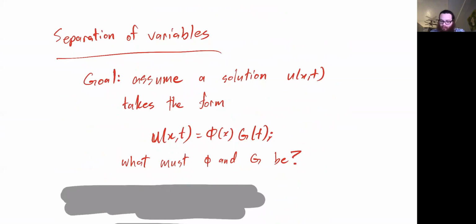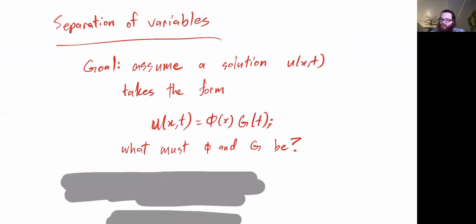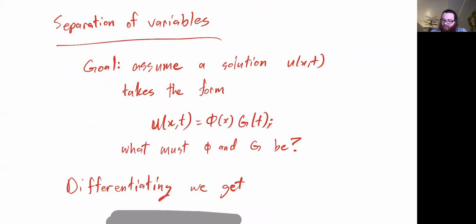So this technique where we're looking for solutions that look like a product, this is called separation of variables, right? So if we assume that a solution takes the form u of x comma t is phi of x times g of t, what must phi and g be? Well, what do we have to work with?